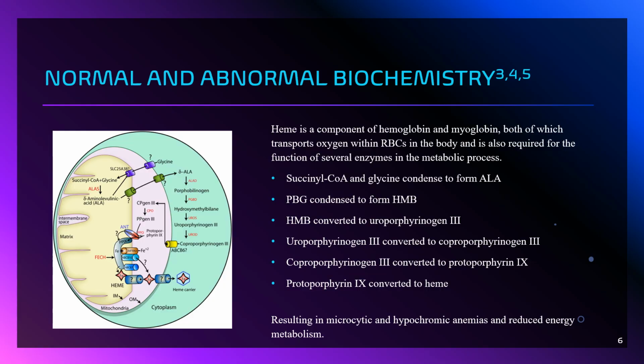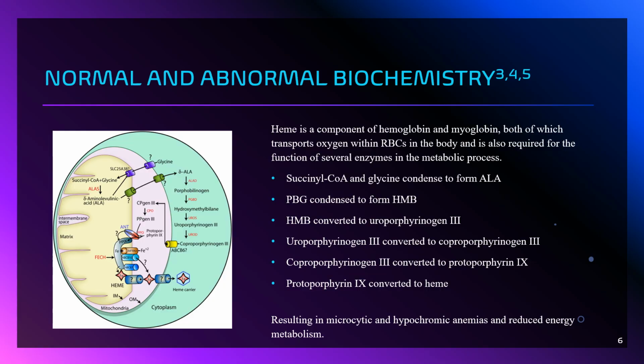When coproporphyrinogen 3 returns to the mitochondria, it is followed by the oxidation of coproporphyrinogen 3 into coproporphyrin. Further oxidation continues to protoporphyrinogen 9, and finally oxidation of the protoporphyrinogen 9 to protoporphyrin 9.